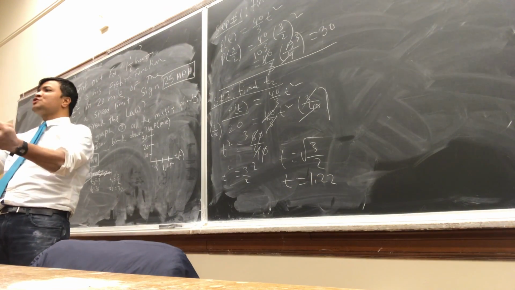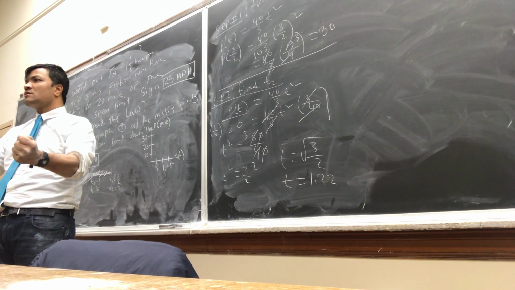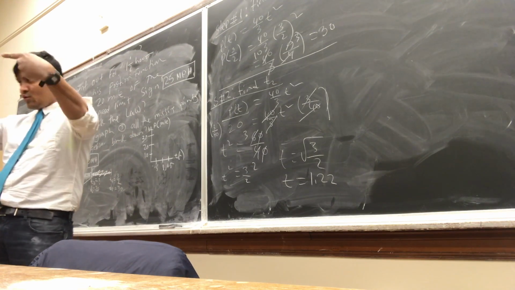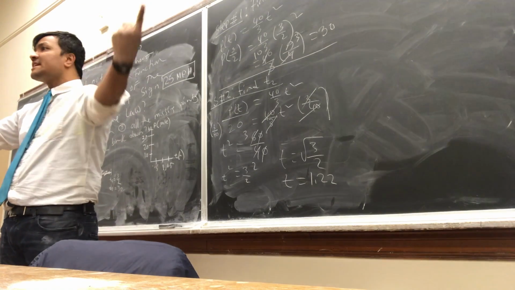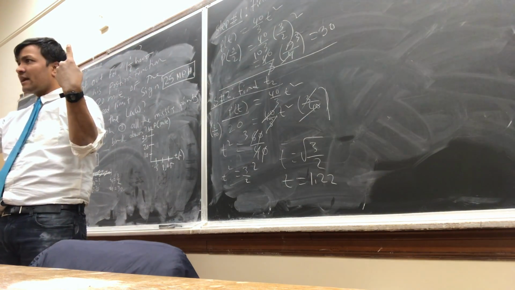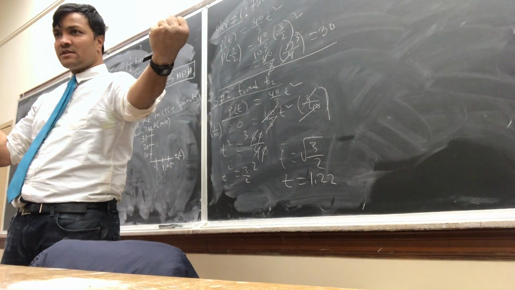Should t approach 0 or should it approach 1.22? It should approach 1.22, because that is the curve you are looking at. You don't look at any other time. You know that I was moving from 0 hour to 1.5 hour, right?